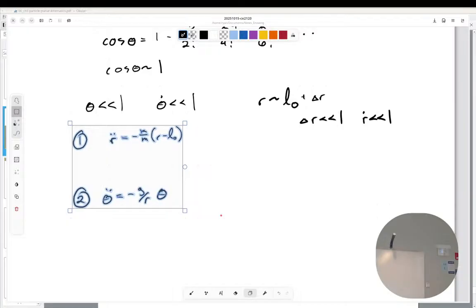Have you seen an equation like this before? What's that k over m? Have we seen that before? Yeah, spring constant over mass. Yep.